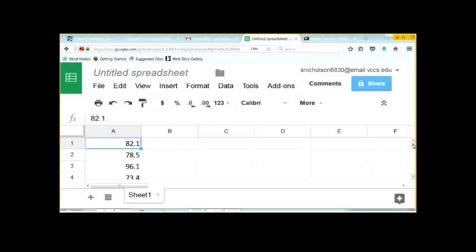Typically, if I have a listing of data in a column, I'll go to the bottom of the column and do the statistical calculation. So there's the last data point.